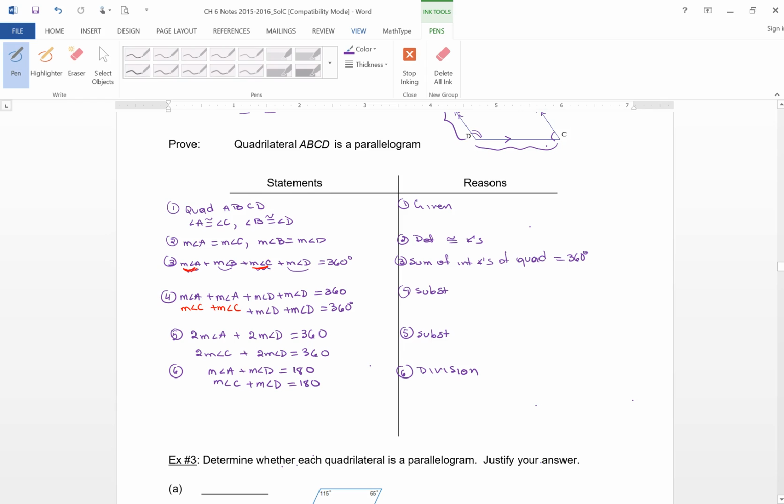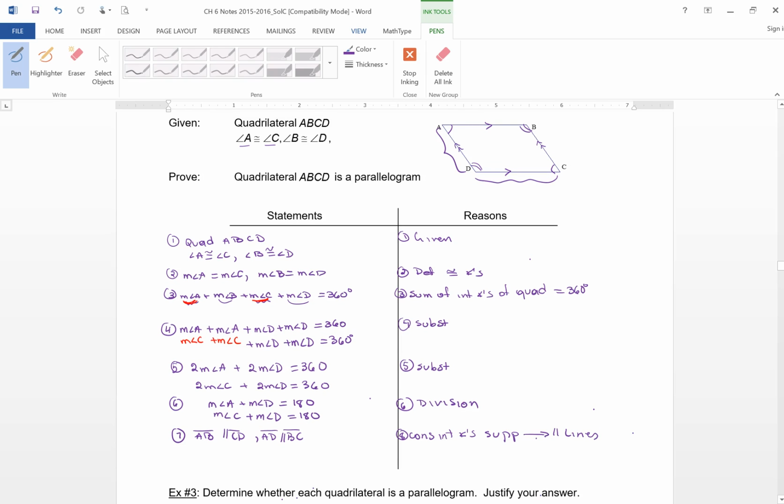So number 7 is AB is parallel to CD, AD is parallel to BC, because when consecutive interior angles are supplementary, you have parallel lines. Finally, because opposite sides are parallel, then I have a parallelogram. So 8, ABCD is a parallelogram.